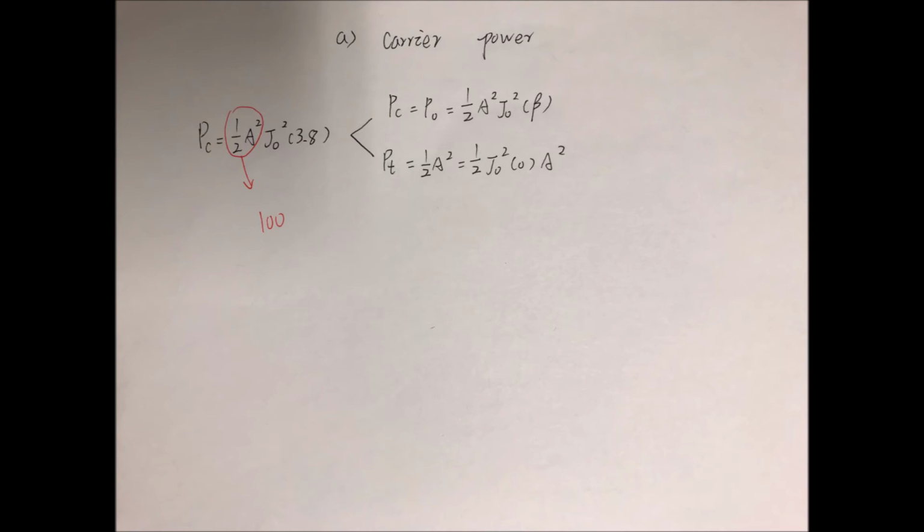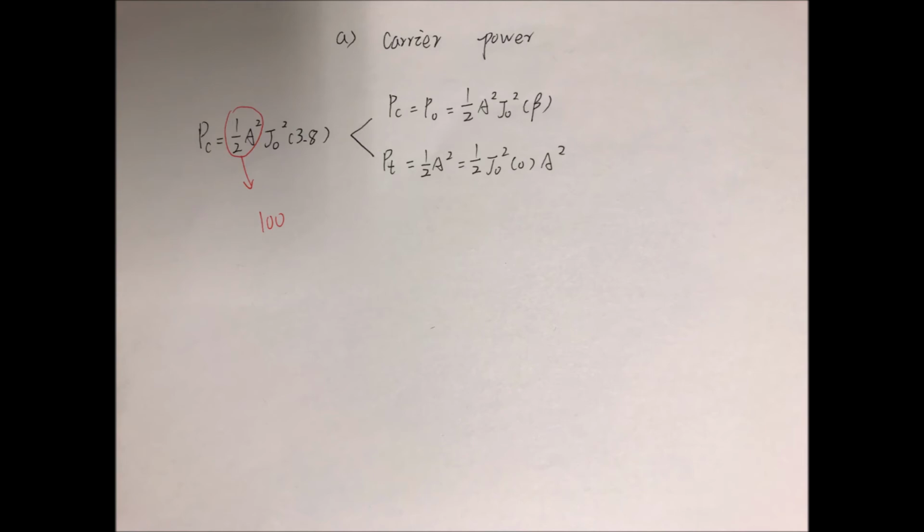Combining those two, PC will be half A squared J0(3.8) squared over half A squared.